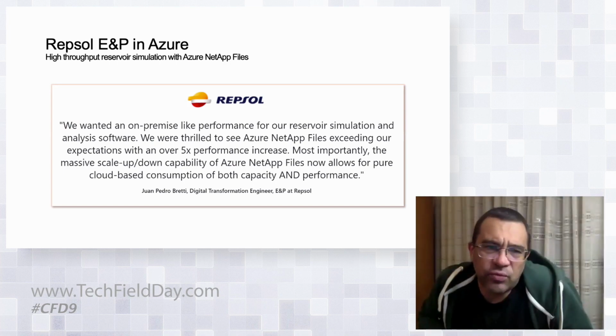Yes? I don't want to be rude here, but we don't know what kind of storage system they had on their premises, because if they have a hard disk drive based system from 5-7 years ago, and now they are going to an all flash Azure cloud system, of course it's 5x. I mean, 5x is very small actually. So my problem is, are we comparing apples with oranges here?